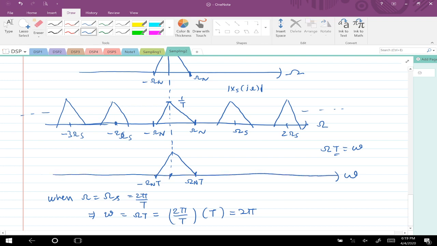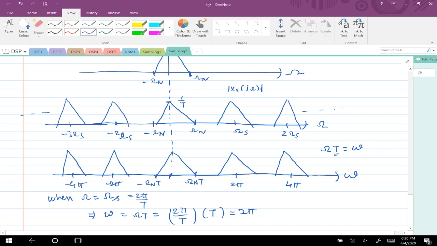Copies of it are placed on this side as well, but now this will be 2 pi and this is 4 pi. By the same logic, this is minus 2 pi. I assume those are all identical triangles there.